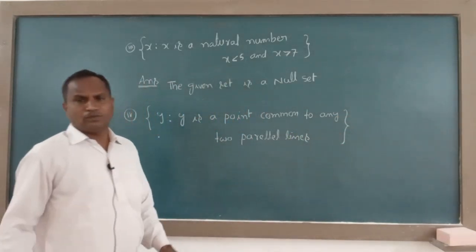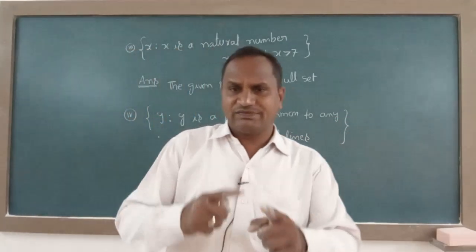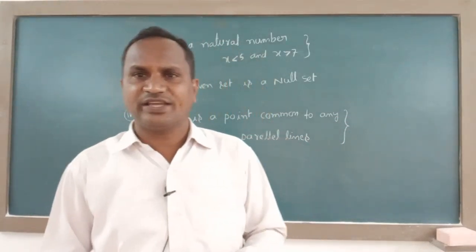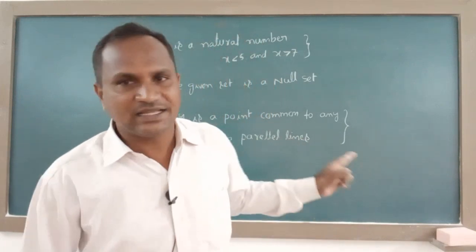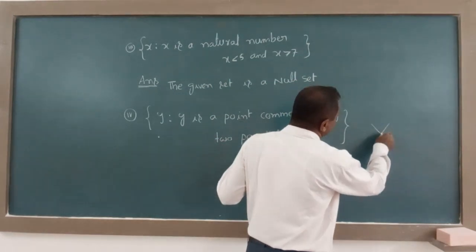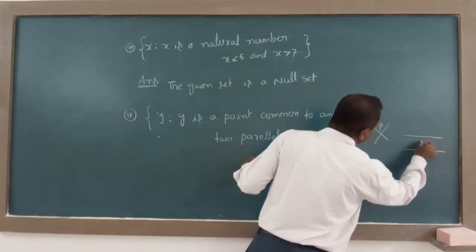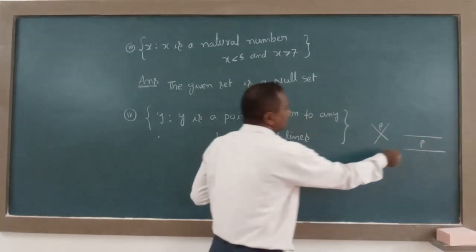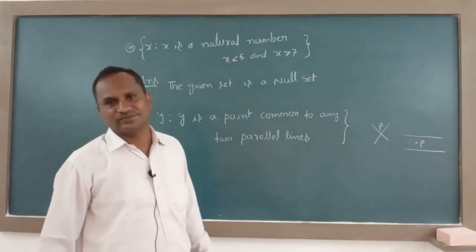See, whenever two lines are parallel, we are not seeing any common points. If they intersect, then only we can mention a point common to those lines. So diagrammatically I am showing here, if the two lines intersect, then it is a common point. If they are parallel, we can't say there is a common point of the two parallel lines L1 and L2.